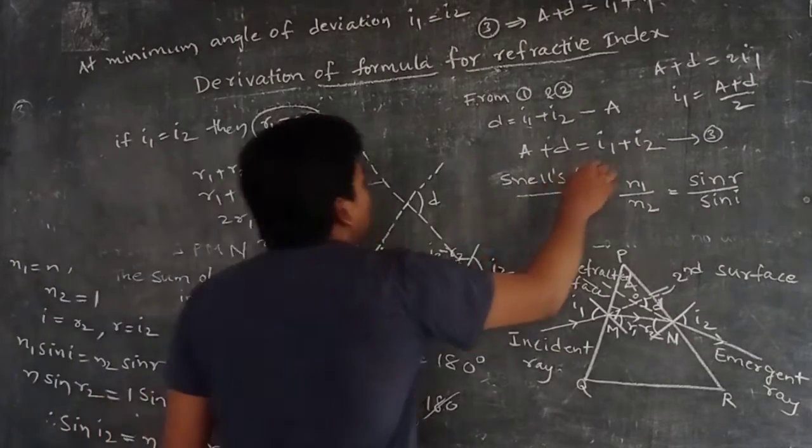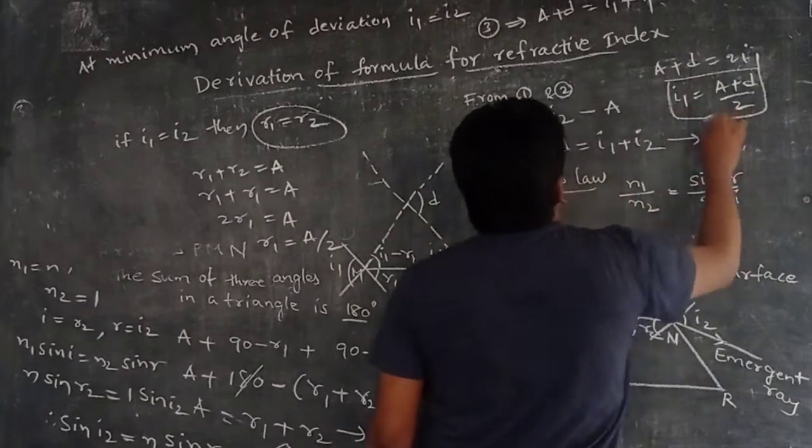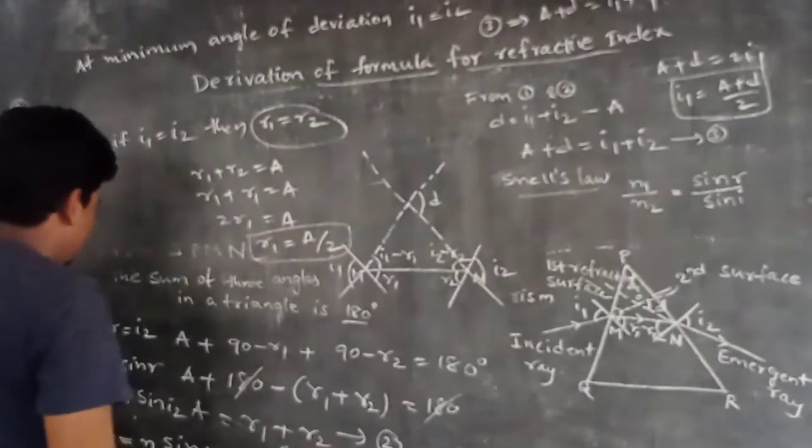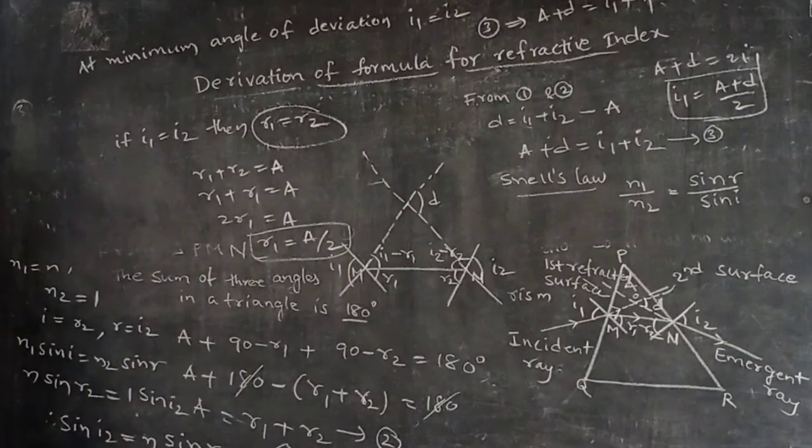We got the I1 value and the R1 value. Which equation is better to substitute these in?